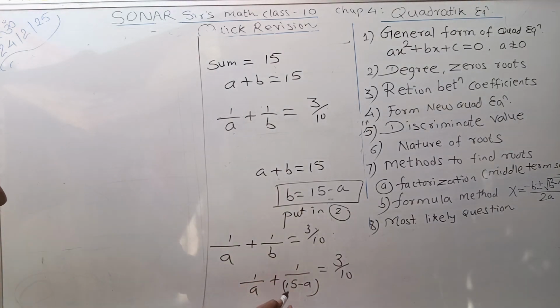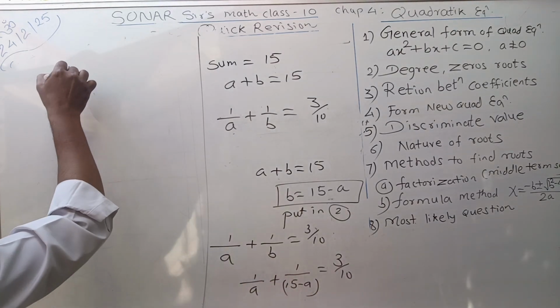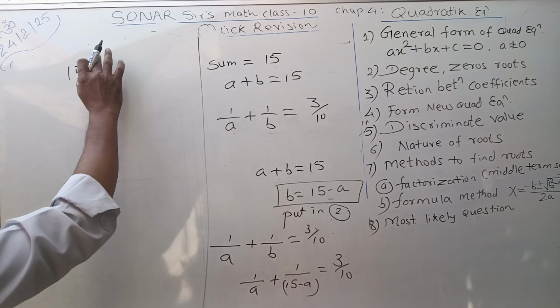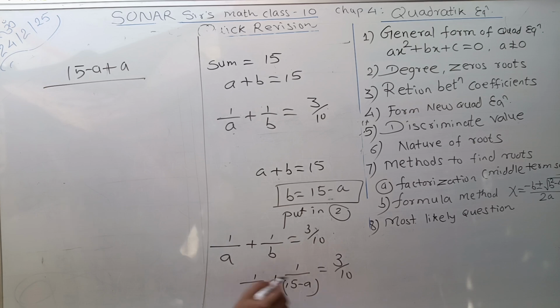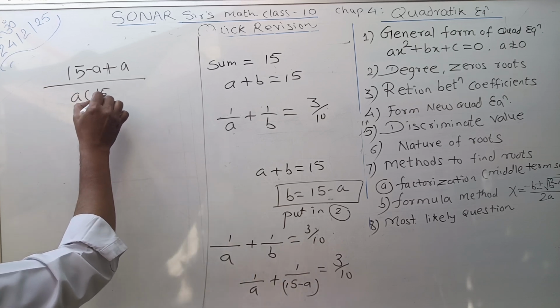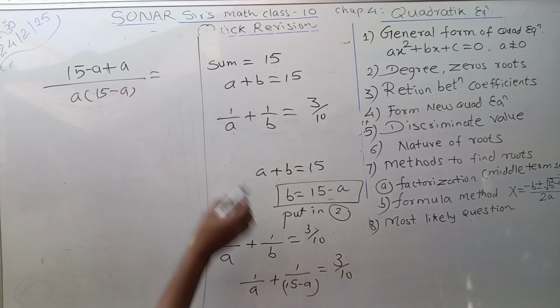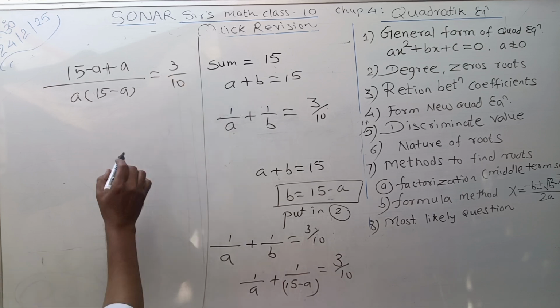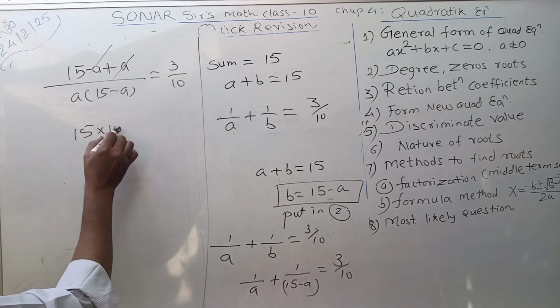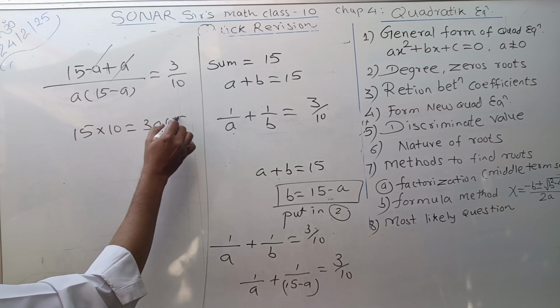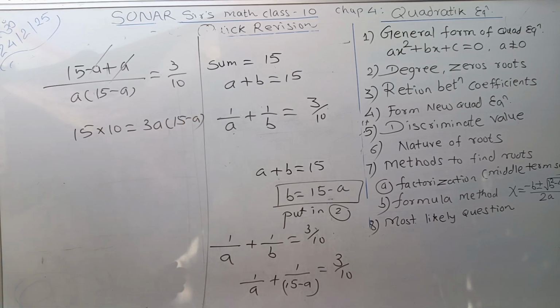Now we'll simplify this. If we cross multiply, it becomes 15 minus a plus a, in the denominator the product of these two terms, equals 3 upon 10. Again plus a minus a cancel, we'll multiply, so 3a into 15 minus a.